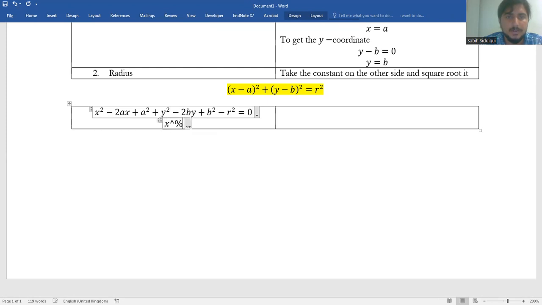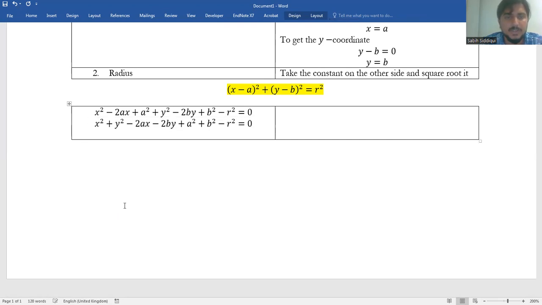So x squared plus y squared minus 2ax minus 2by plus a squared plus b squared minus r squared is equal to 0.